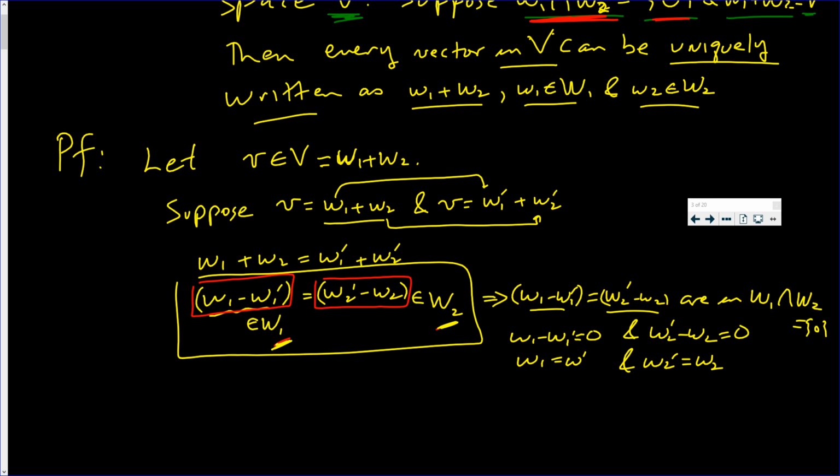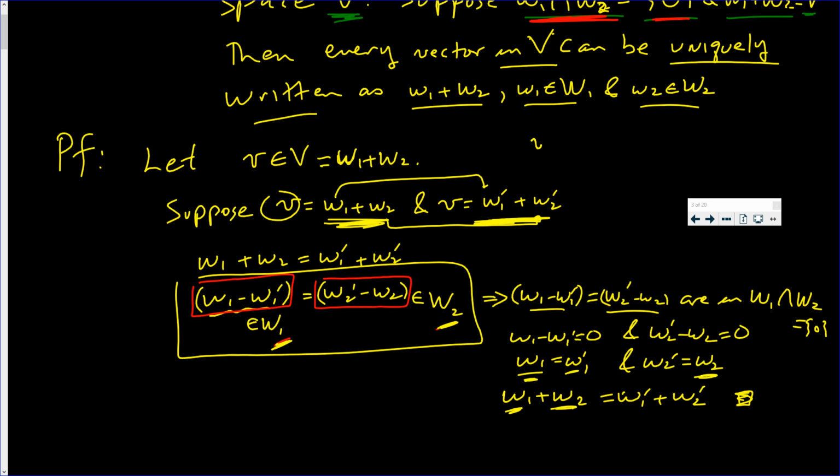So what we conclude is that w1 plus w2 is equal to anything that equals w1, like w1 prime, plus anything that equals w2, such as w2 prime. And this is what we wanted to show, that these two representations for v were exactly the same.